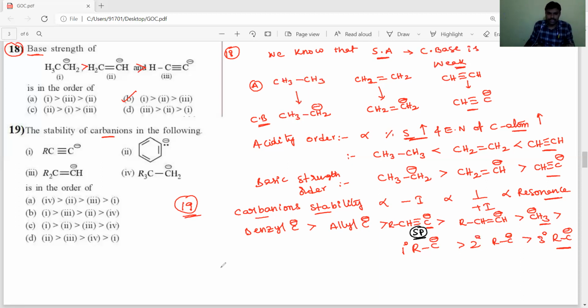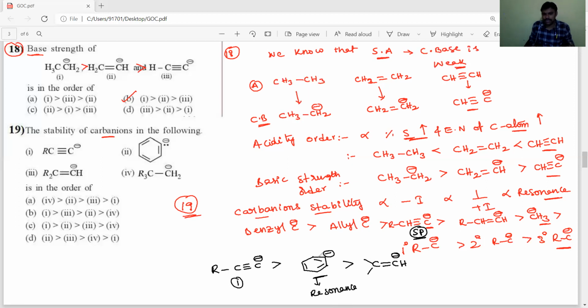So according to this, the R-C triple bond C minus alkyl carbanion is more stable than the benzene one. You remove one hydrogen atom from benzene, and the corresponding carbanion is more stable compared to the alkene containing carbanion, because it is resonance stabilized.